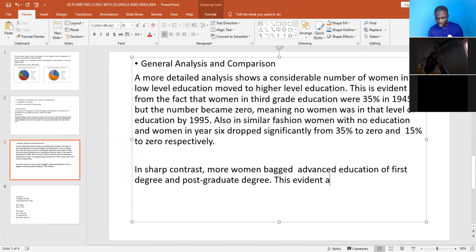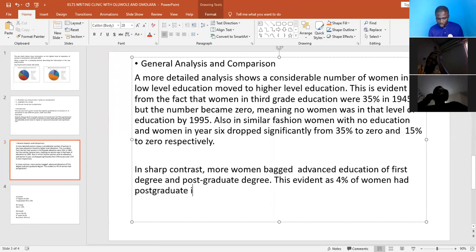This is evident as 4% of women had a postgraduate degree in Summerland in 1945.